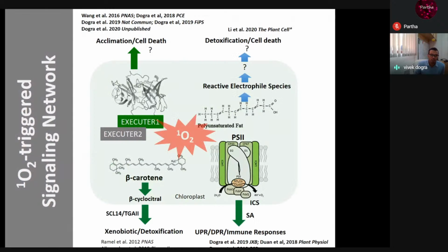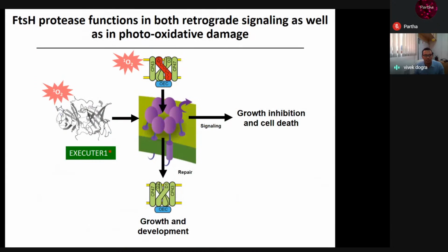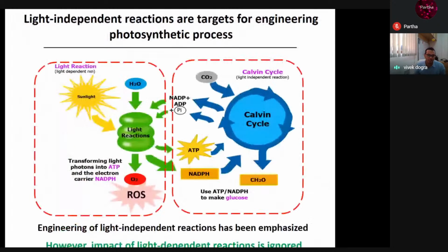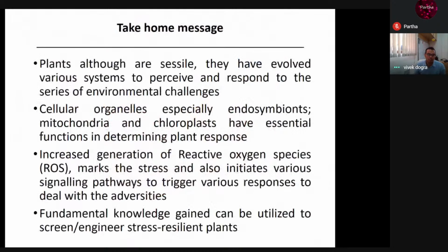This is the whole story. We also worked on another thing, but maybe some other time we can talk about this. There were many other findings, and we found some applied things also, but I go straight to the take-home message: plants, although sessile, have evolved various systems to perceive and respond to a series of environmental challenges.